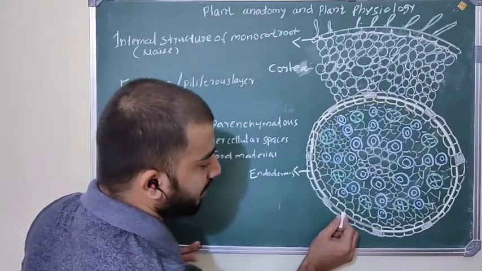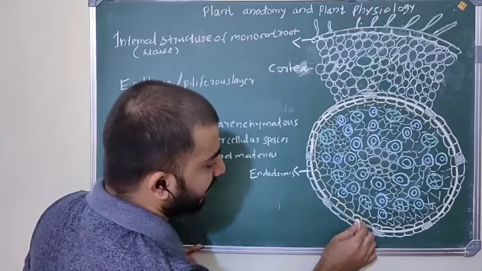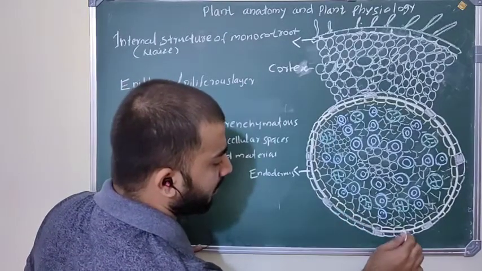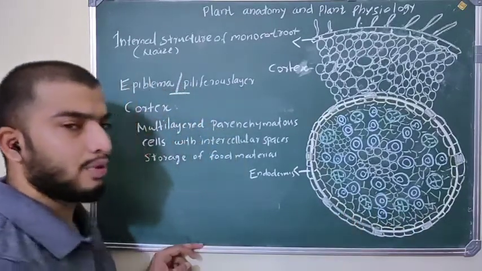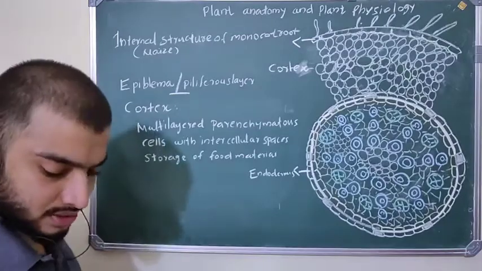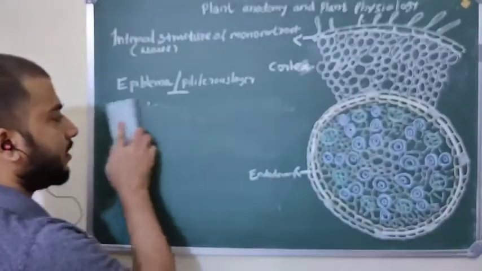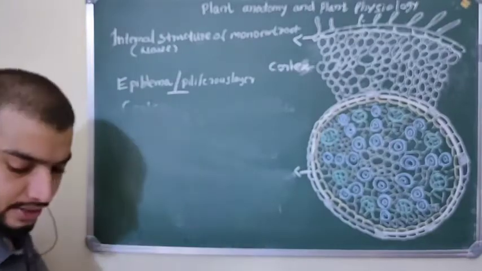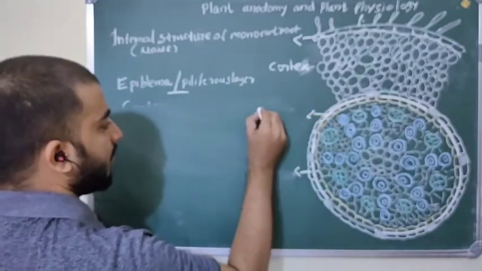You can see here on the tangential wall and radial wall, they have thickenings. These thickenings are called Casparian strips, and they are made up of a substance called suberin. So this is our endodermis.